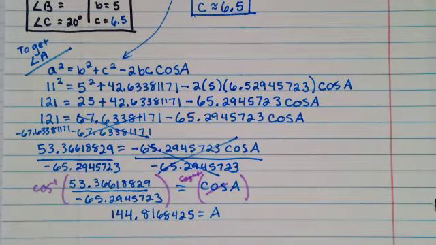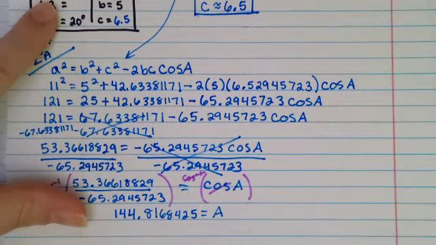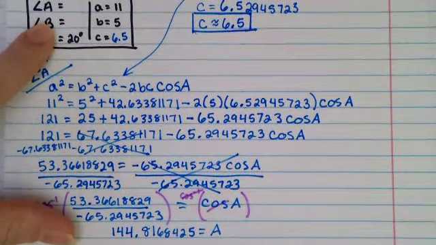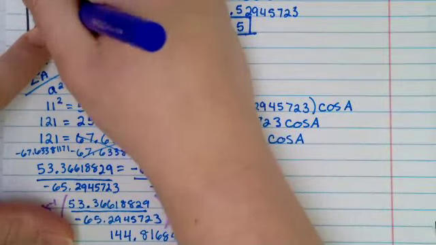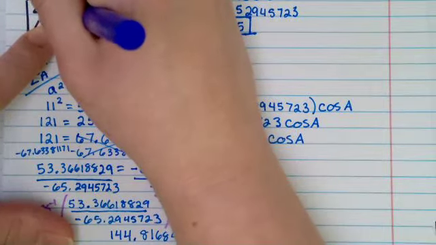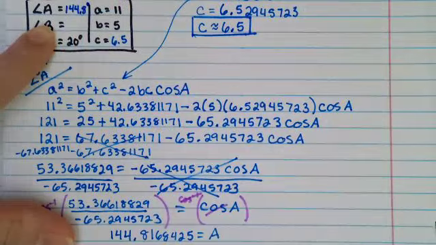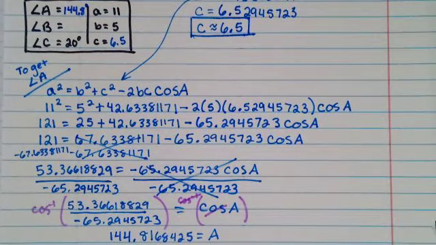We're going to round that to the nearest tenth place from my answer box. So when I record my answer up in here, we're going to put 144.8 degrees. Okay, we have that part.